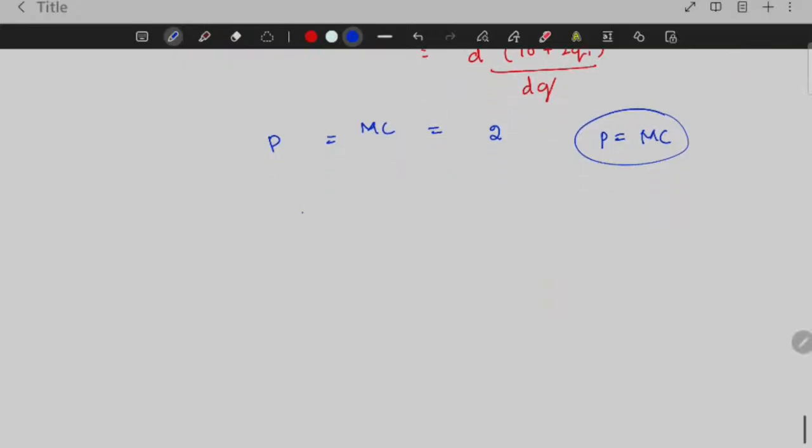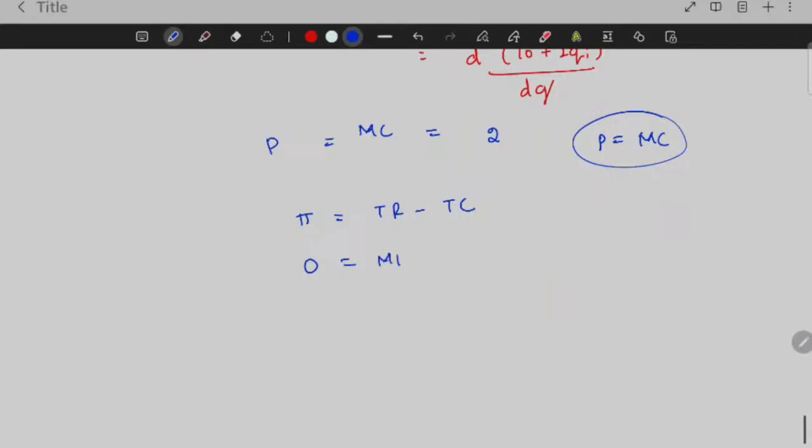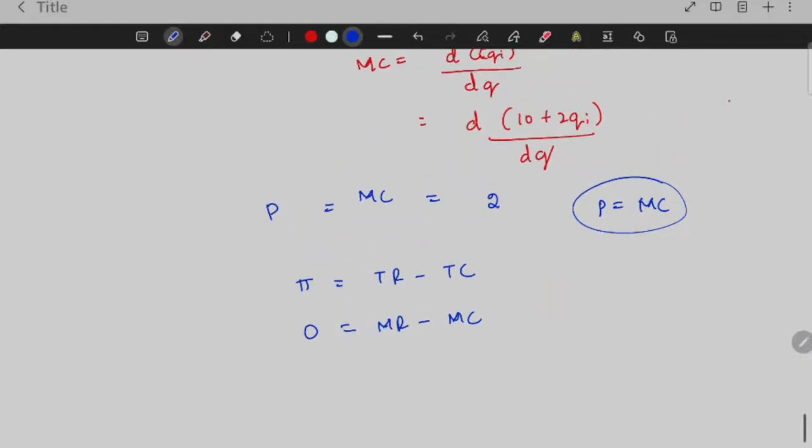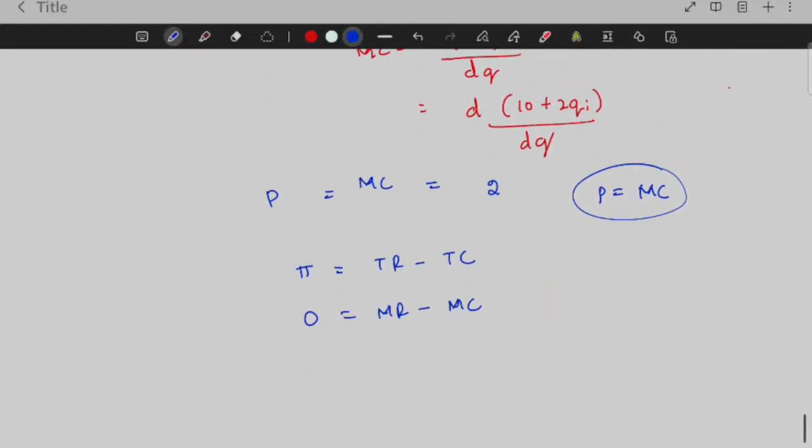Okay. Now when we are going to check for profit, it equals total revenue minus total cost. To get the maximum quantity, we equate marginal revenue to marginal cost. Let's see how much quantity we are going to get.